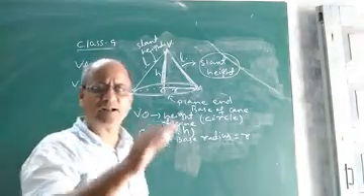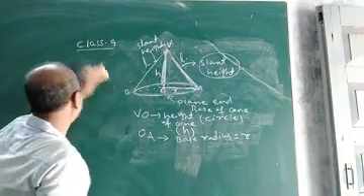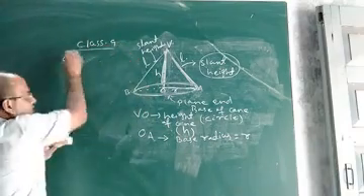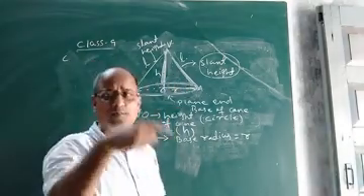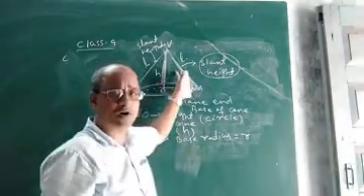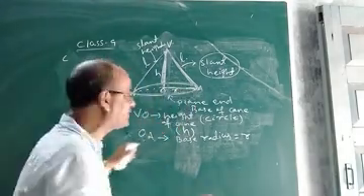Now with this idea in our mind, we can easily understand what is curved surface area. Let us find the curved surface area. Children, as I told you just now, a cone has both plane surface and curved surface. One curved surface and one plane surface. Area of this plane surface you can easily find.